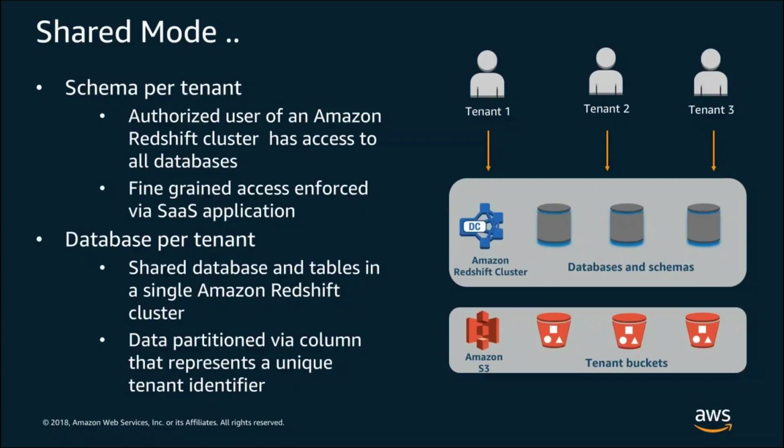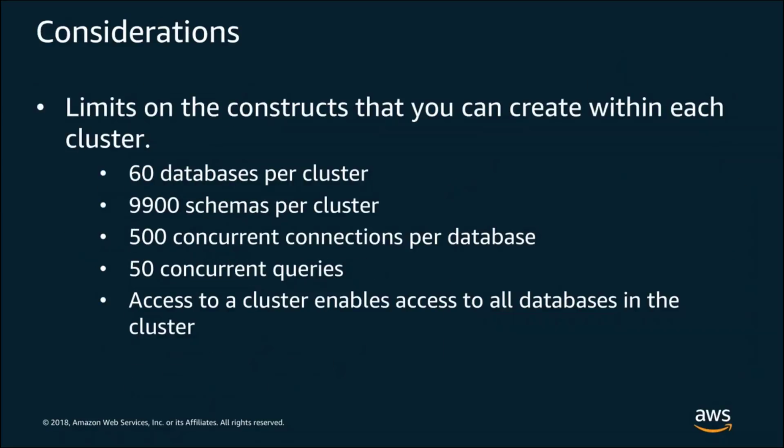Now, fine-grained access control can be enforced via a SaaS application to further restrict users or tenants from accessing other tenants' databases. Similarly, when tenants are separated or partitioned through different databases, they can share the database and tables within the same Amazon Redshift clusters. Their data can be partitioned via a column that represents a unique tenant identifier.